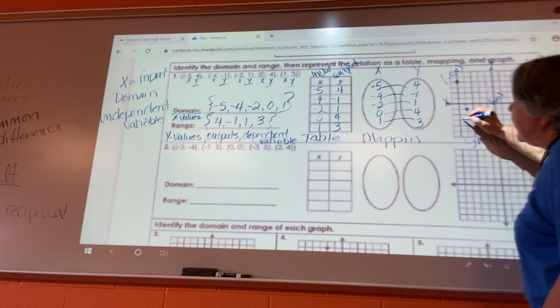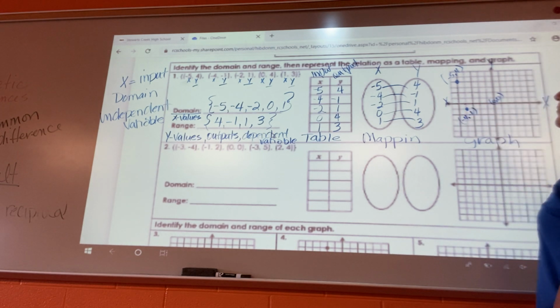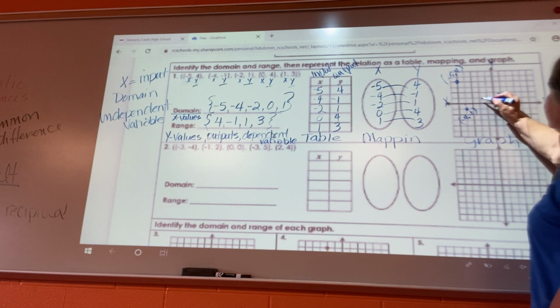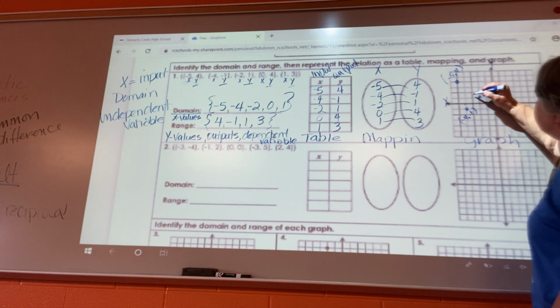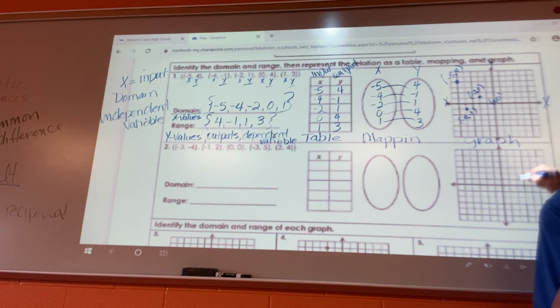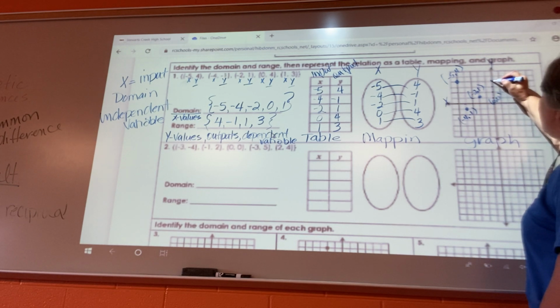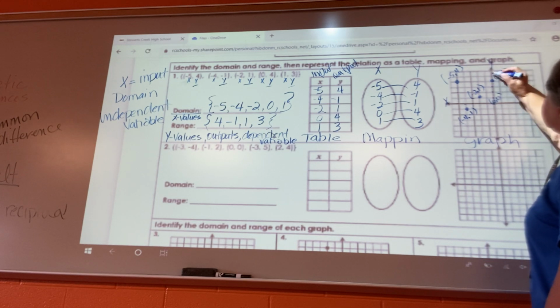So that ordered pair is -4, -1. Then I have -2, 1. I have 0, 4, here is 0 on the x-axis, and 1, 2, 3, 4 on the y-axis. So this is 0, 4.